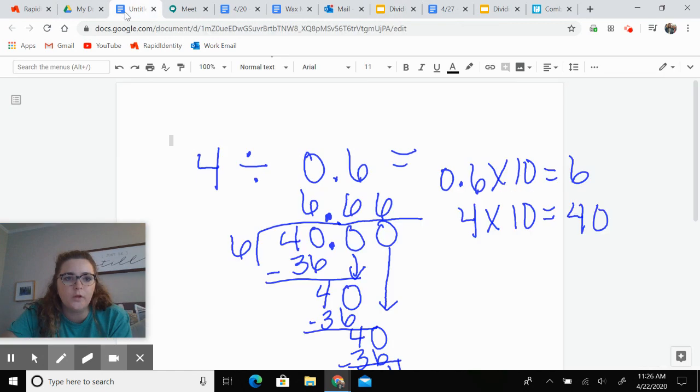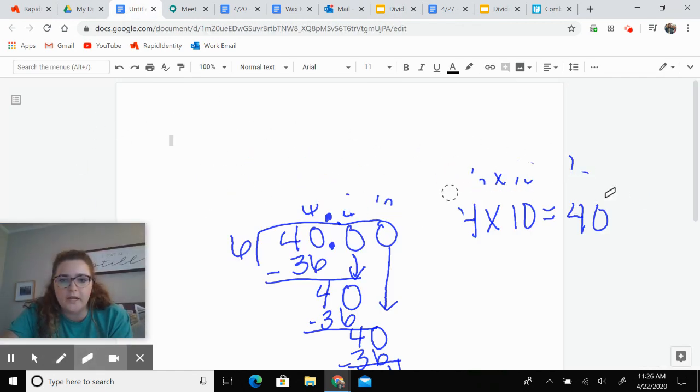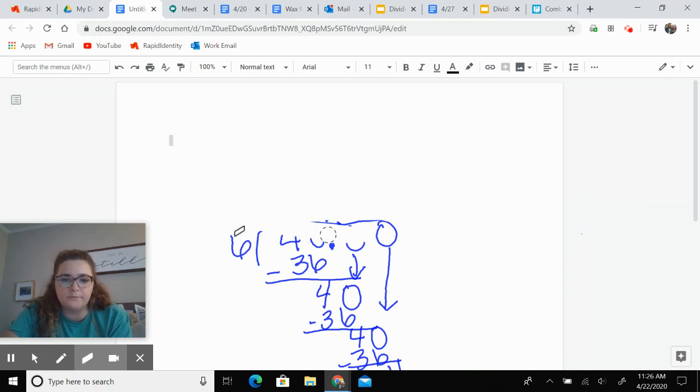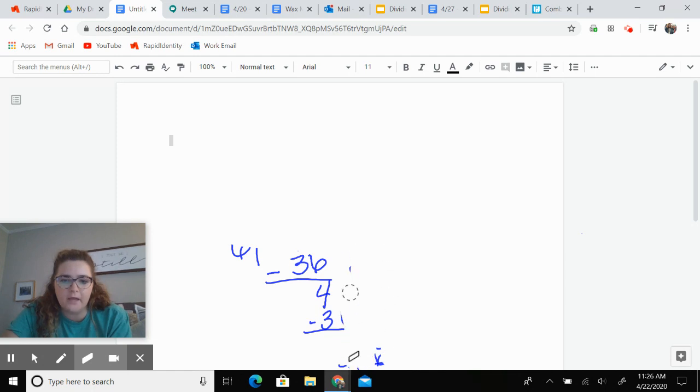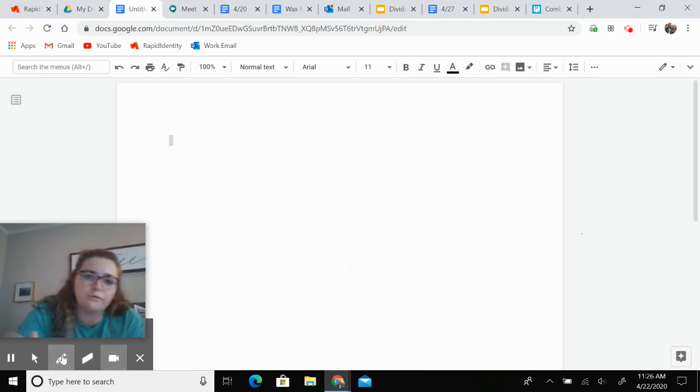All right, I'm going to go back to my document. I'll erase my other work that I had from before. All right, and then I'm going to rewrite my equation and then just figure out how I need to write this in standard algorithm to make it easier for me to solve, okay?